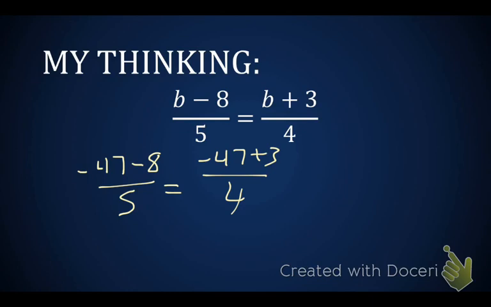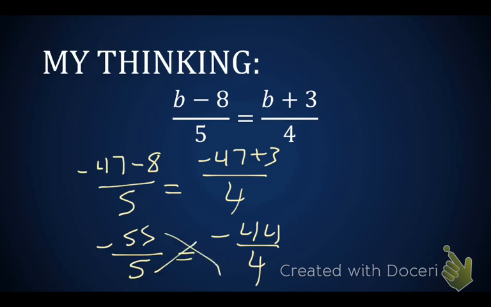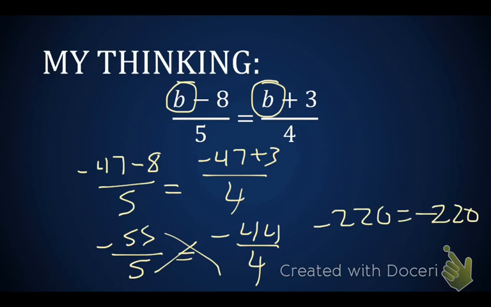Negative 47 minus 8 is negative 55 over 5 equals negative 44 over 4. You should be able to see those are equal, because negative 55 divided by 5 is negative 11, and negative 44 divided by 4 is negative 11. Or you can take the cross products and you would get negative 220 equals negative 220. So you can check your answers by substituting back into the original proportion.